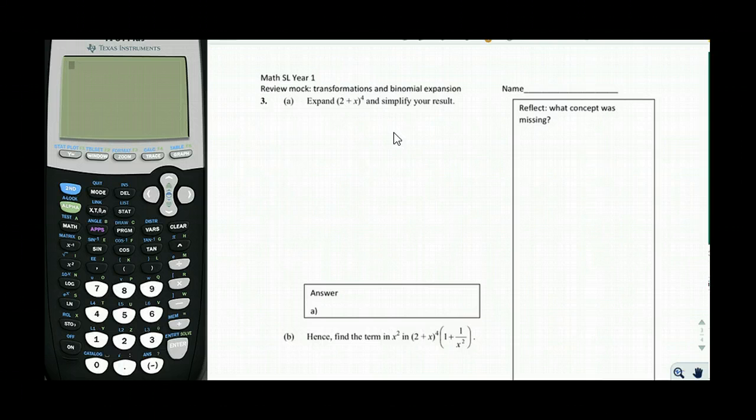Now remember, if you look at the formula sheet, it'll tell you how to expand your binomials. It gives it in this kind of notation. It gives it to you with n, r, and then a to the n minus r, and b to the r. And so each one of the terms looks like this.